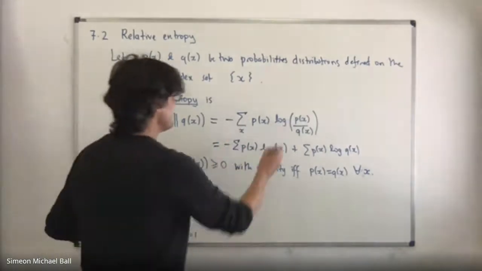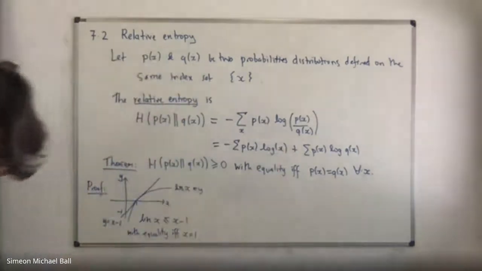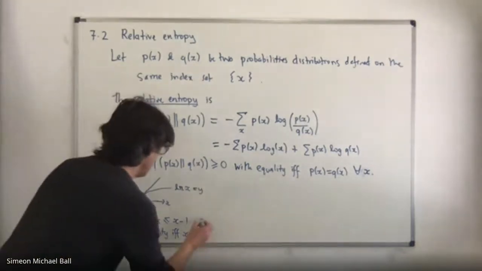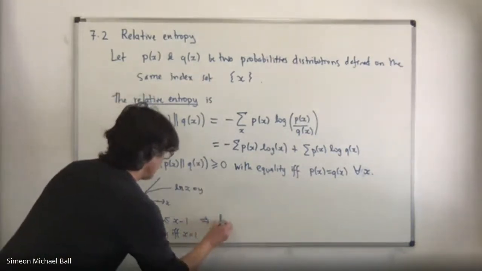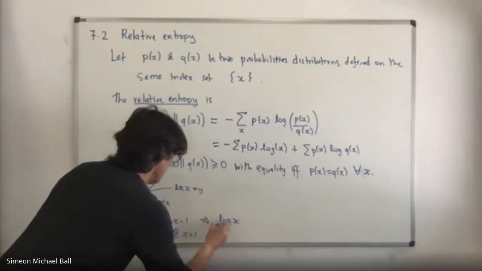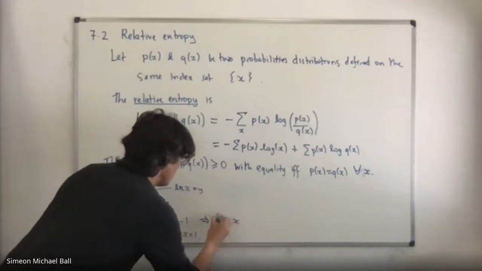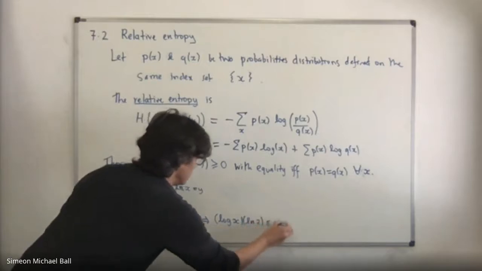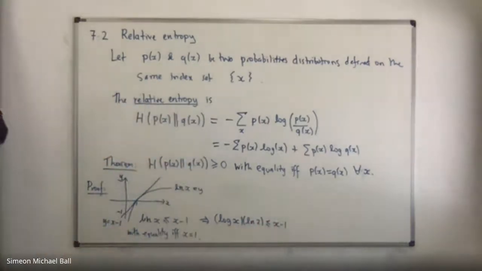We have to write this as, yeah, we need it to, oh, we can do it here. It implies log x over log 2. And now it should be okay.